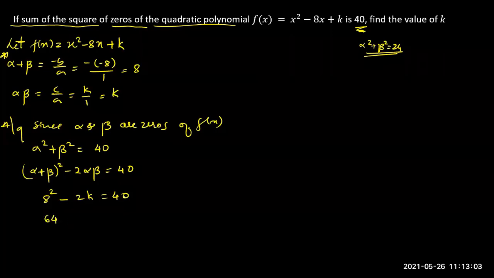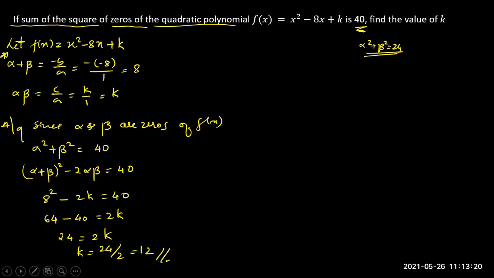This 40 you bring this side, 64 minus 40 is equal to 2k. Now 24 is equal to 2k. k is equal to 24 by 2, that is 12. This is the value of k. Is it clear?